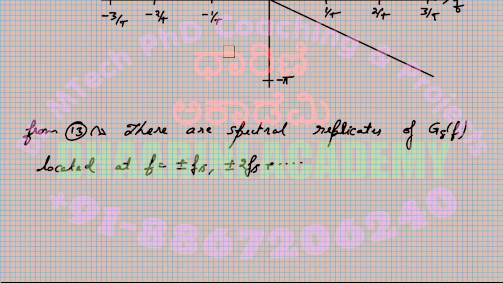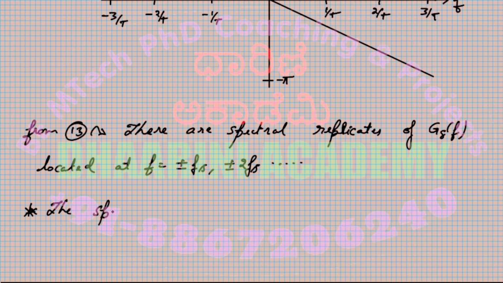So these are the positions where we find the spectral replicates of the given function. And now I understand that they are going to be multiplied by sinc of f t. So that's the first point. They are present at these locations.